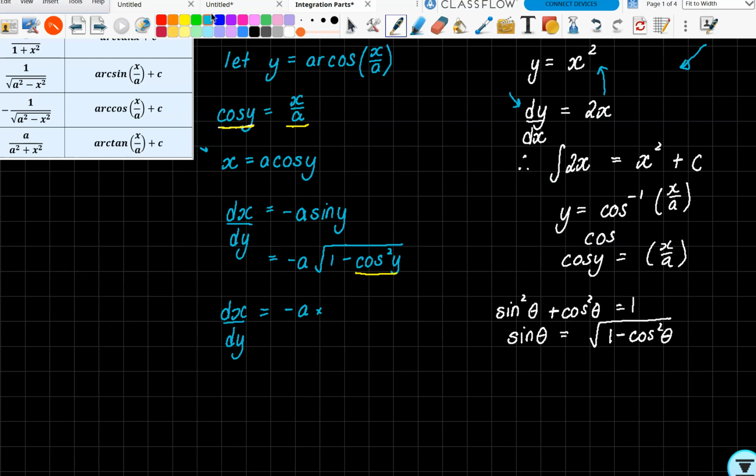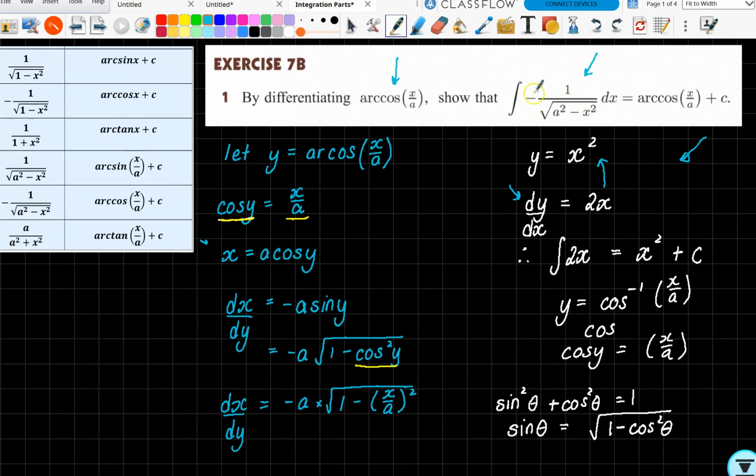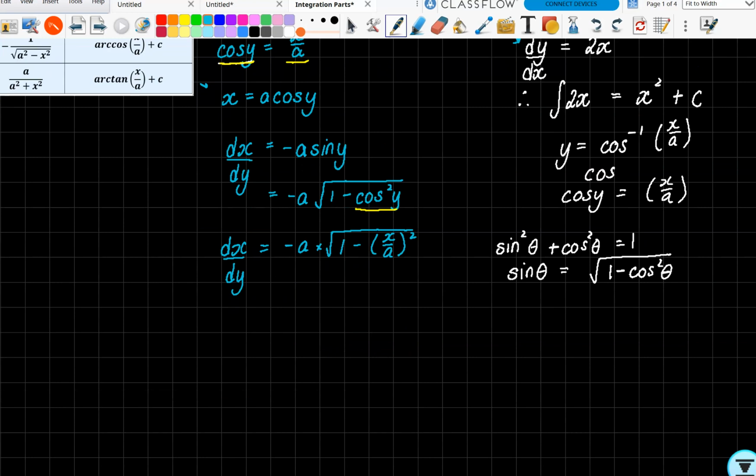So hopefully you can see that I am allowed to replace that with 1 minus x over a squared, because cos y is x over a, so cos squared y is x over a squared. Now this is starting to look a little bit more like this, one hopes.